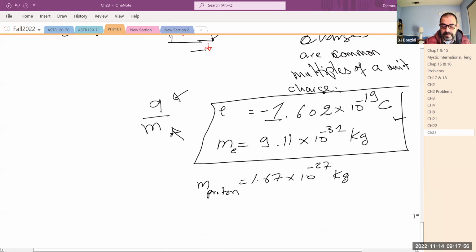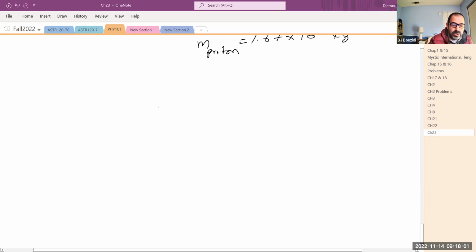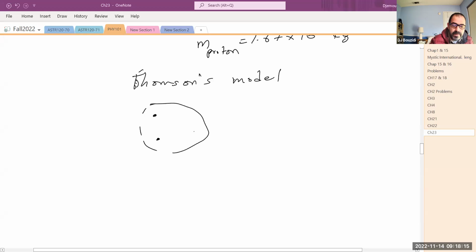Obviously, Mr. Thompson came up with a picture that seems to work, and the picture is the following. Atoms are neutral. And since I have a bunch of these charges in here that are negative, I must have the same amount of charge that is positive.